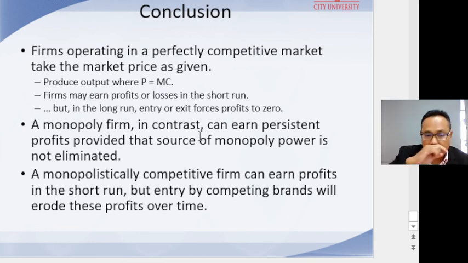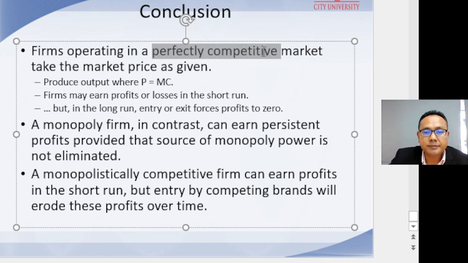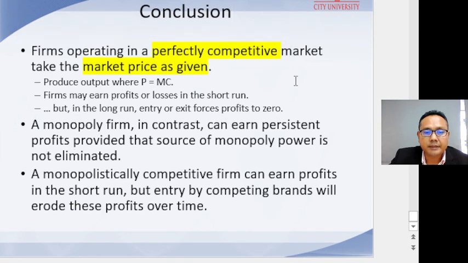In conclusion for this topic, firms operating in a perfectly competitive market take the market price as given. That is the first characteristic: they are just price takers, so they produce output where price equals marginal cost.